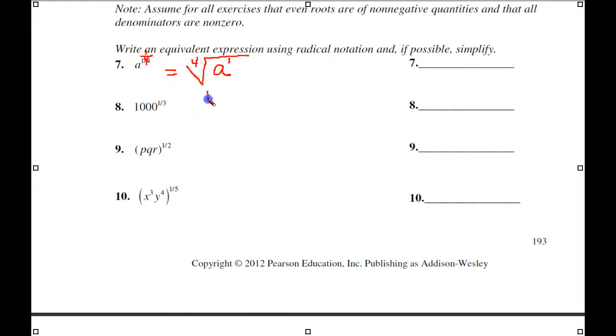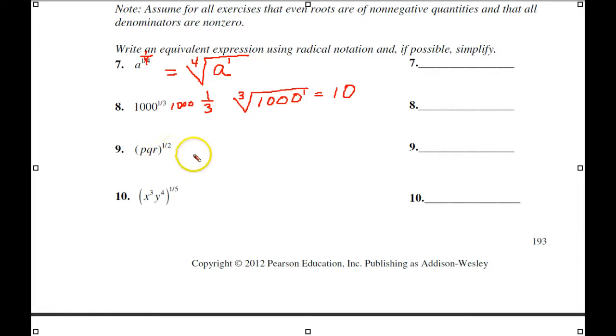So this is going to be 1/3, of 1,000 I should say. And again, radical expression, 1,000. Numerator is 1. Index number is 3. So this becomes the third root of 1,000, which is 10.